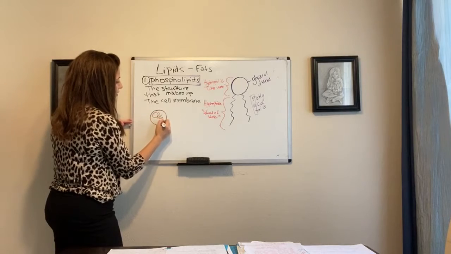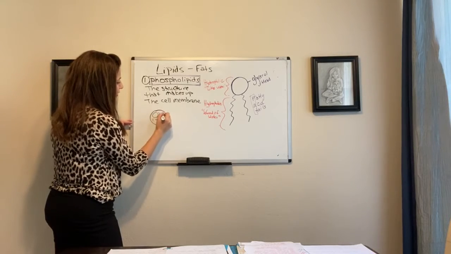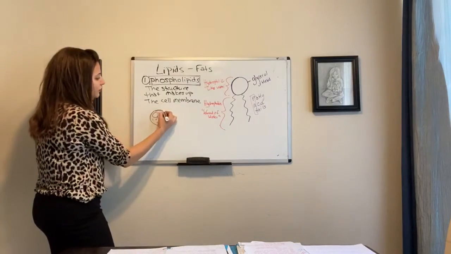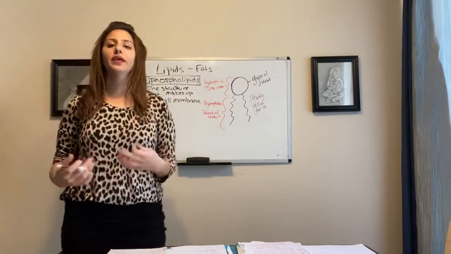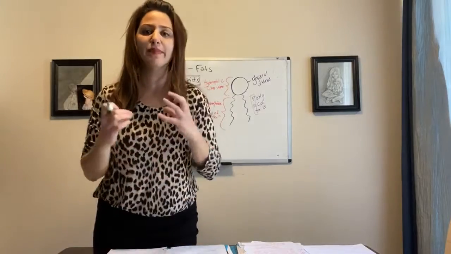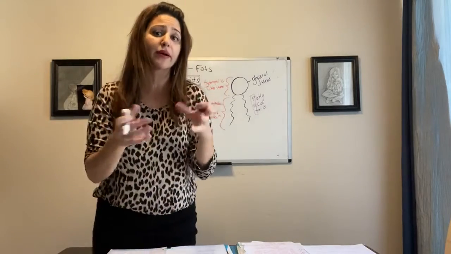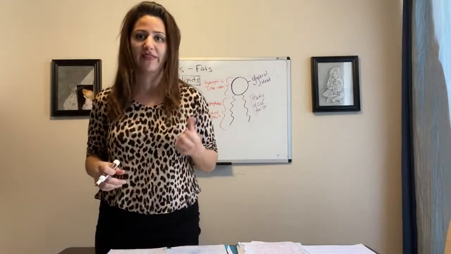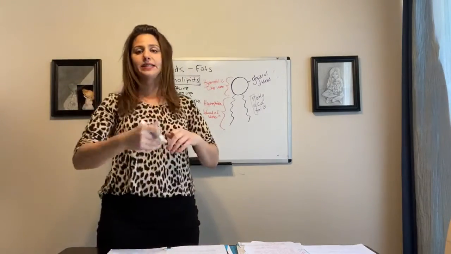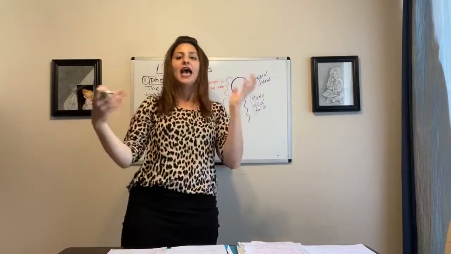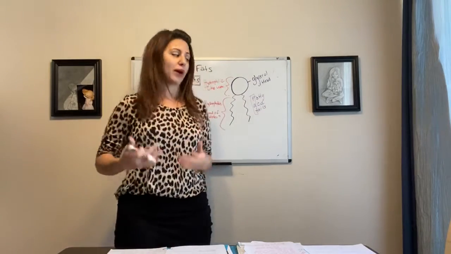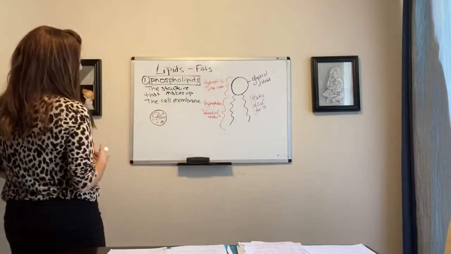So if this was my cell, with all this stuff in here, there's this boundary, this portion over here called the cell membrane, and that is made up of primarily phospholipids. There are other things on the cell membrane as well. We're going to talk about that too. Proteins, and as you know, the carbohydrate chain as well. That's going to determine the identity of the cell so that our bodies are familiar with what the cells are.